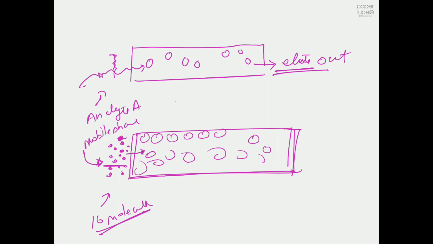So let's focus only on this part of the column. These are your silica particles. Just assume they will adsorb onto these particles, so all the silica particles are enriched with your analytes.